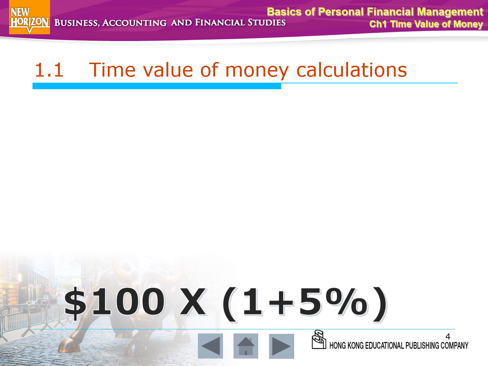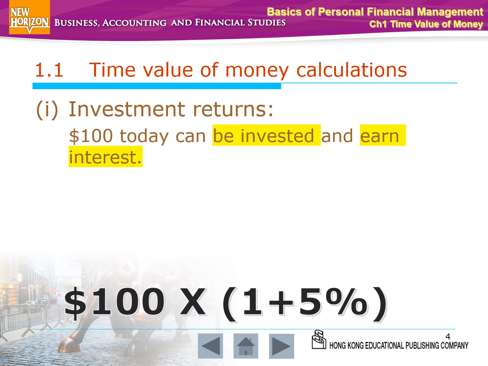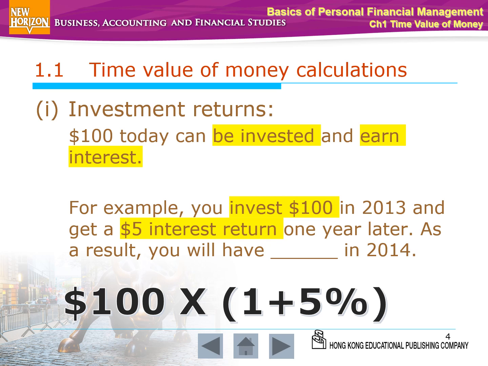All right, let us look at the return. First one, investment returns. $100 today can be reinvested and earn interest. For example, you invest $100 in 2013 and get a $5 interest return 1 year later. Of course, if you do not keep that $100 in your pocket, but put it in a bank, you'll earn interest from the bank.